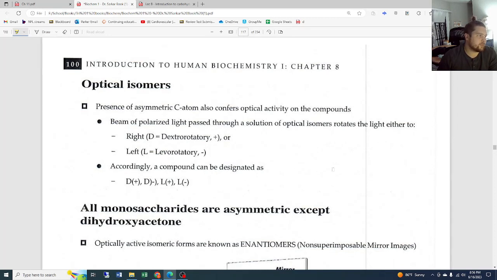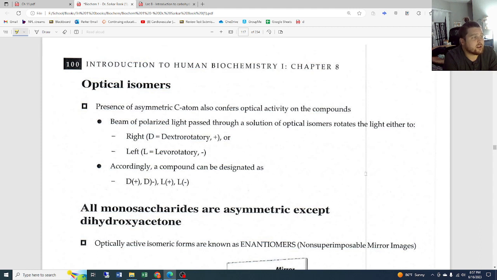Optical isomers. So the presence of asymmetric carbon atoms also confers optical activity on the compounds. When we're talking about optical isomers or optics, this is a process where we actually have a machine that uses light that goes through the solution to check what isomers we have.